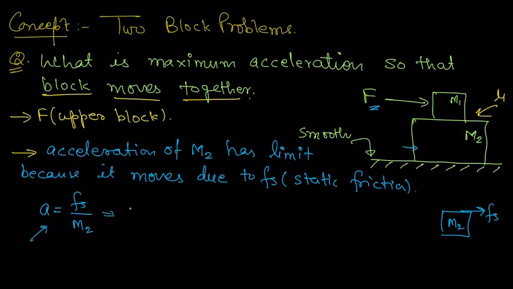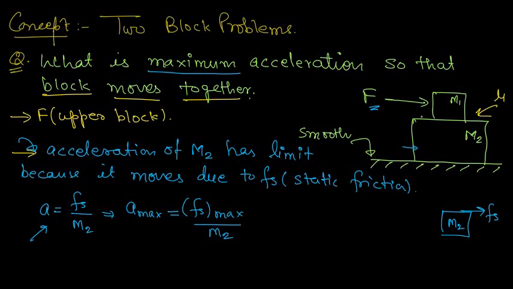Since we have to find the maximum acceleration, the maximum acceleration is the maximum force by m2. So we started with the concept that the acceleration of m2 has a limit because it moves due to static friction Fs, and the acceleration of m2 is Fs by m2, because Fs is the total force acting on m2.